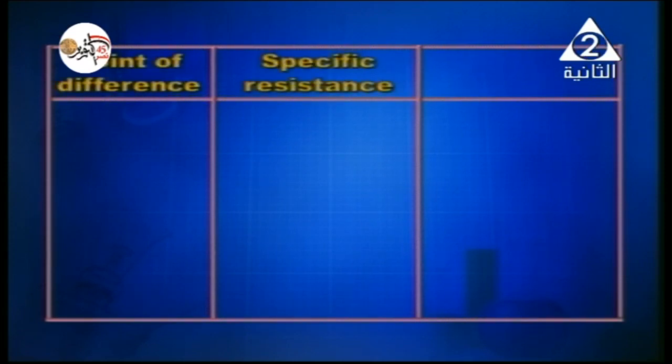And we've got another type of question. It is a comparison between specific resistance, which is resistivity, and resistance. We'll try to compare between a specific resistance and resistance. First point of difference is the definition of each.